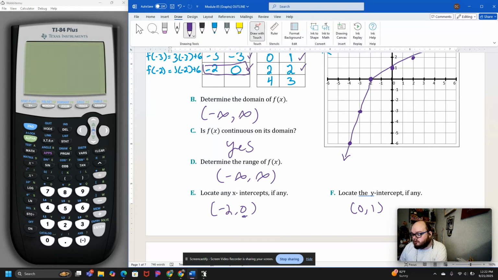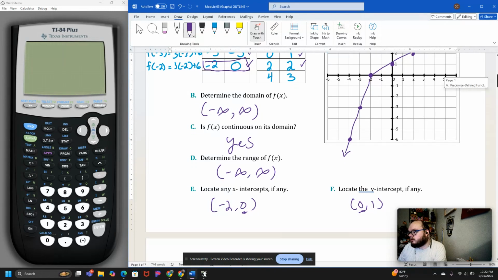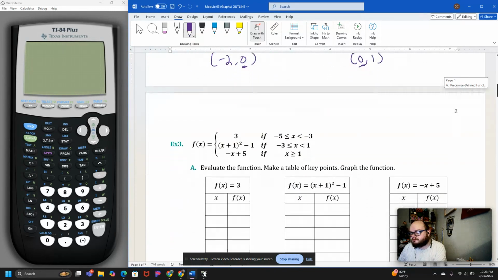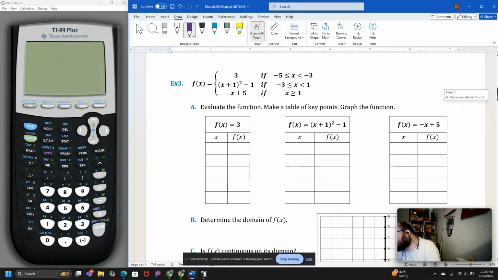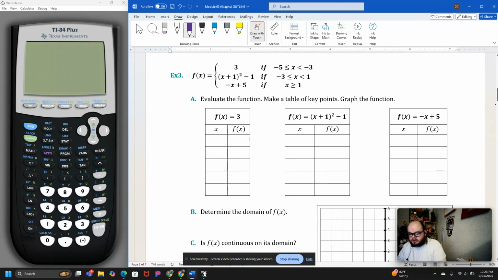And that makes sense because we know that an x-intercept always has a 0 for the y value, and that a y-intercept always has a 0 for the x value, right? So if we were to go, hold on, my little scroll wheel, down to example 2 here.